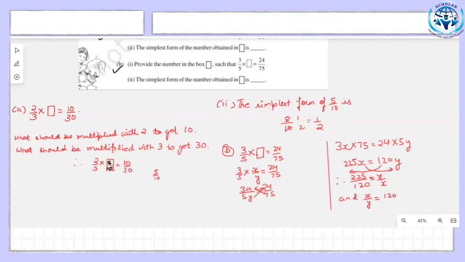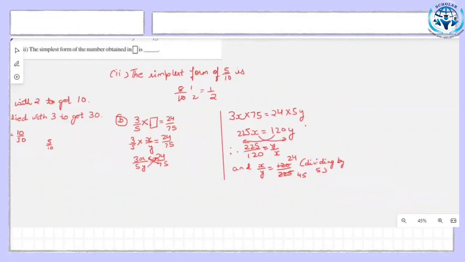Reducing the fraction to the lowest terms, we will get the exact value of x upon y as 8 by 15. Dividing by 5, we get 24 by 45.